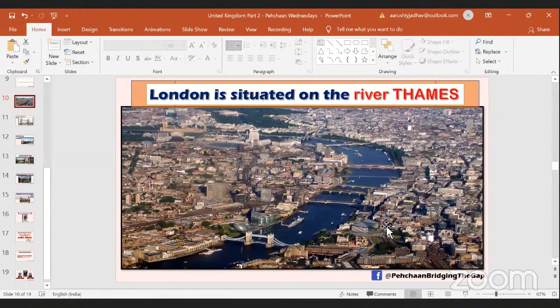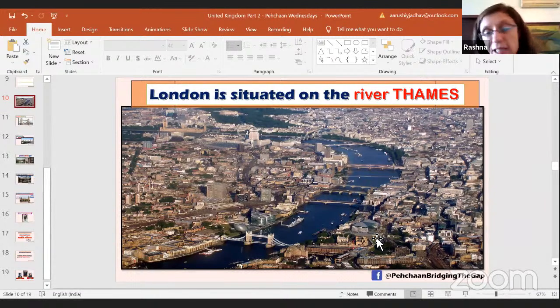And if you look at the river, let's go back a little and think a bit. Why do you think that in old times, big cities were always near the sea or on a river? Why do you think? Wow, lots of hands up. That's amazing. Yes, Dildar.